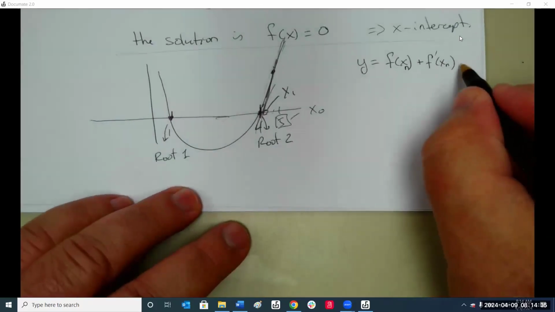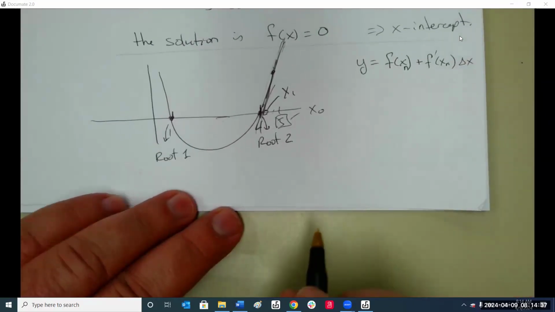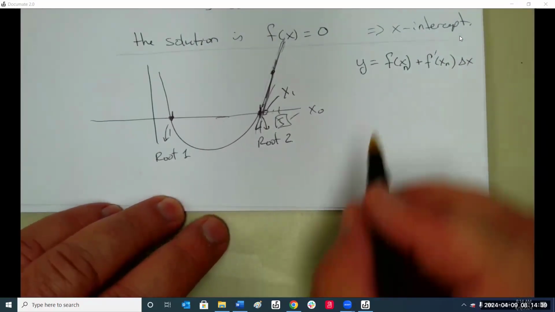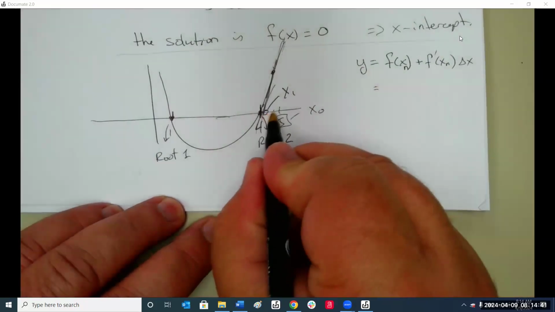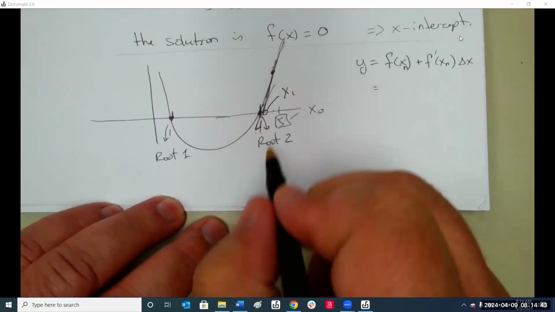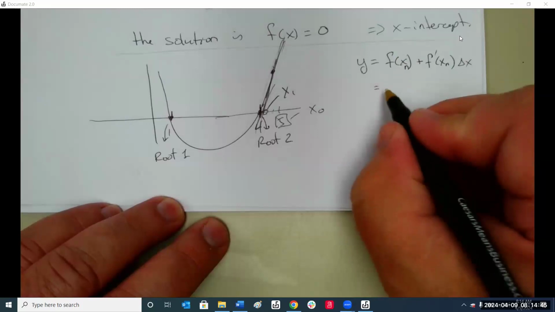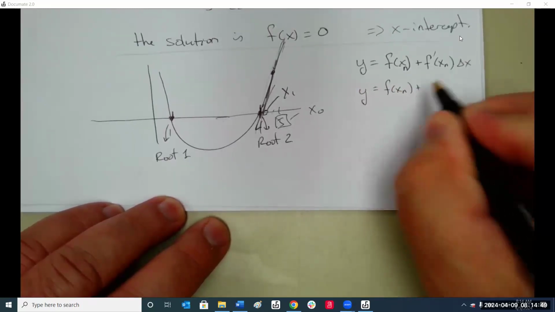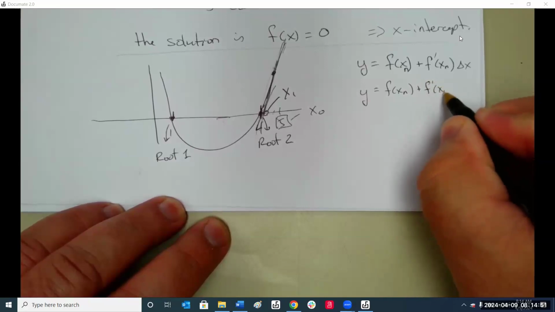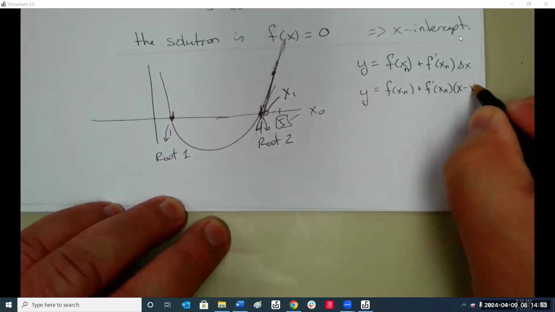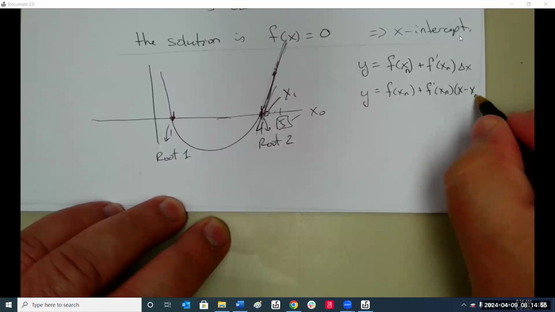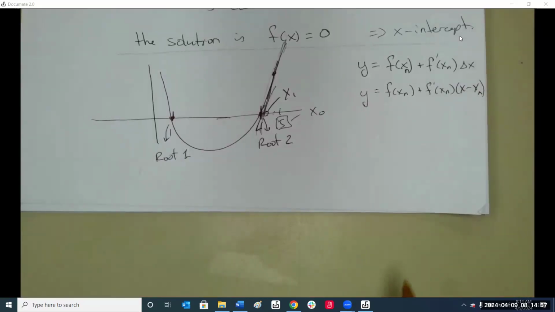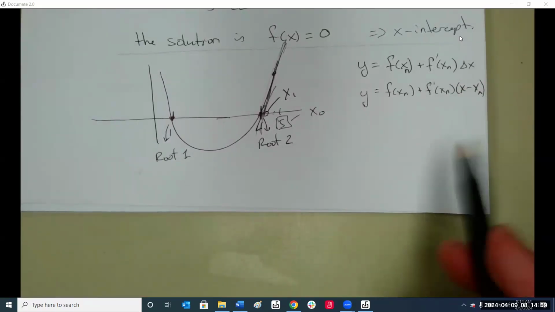And we have to have our delta x. What does delta x represent? The distance from one point to another point. So the equation that we're going to look at is x minus x sub n, where x is our solution point.